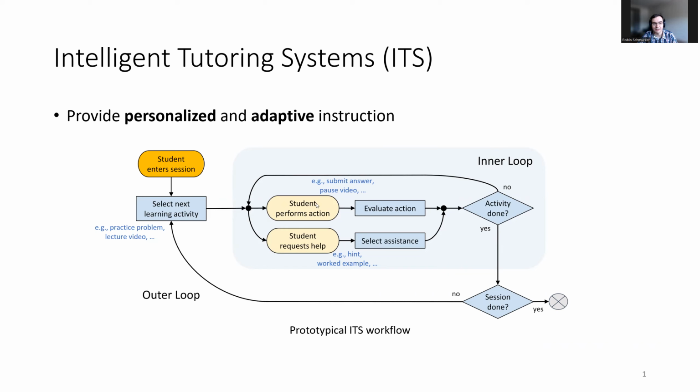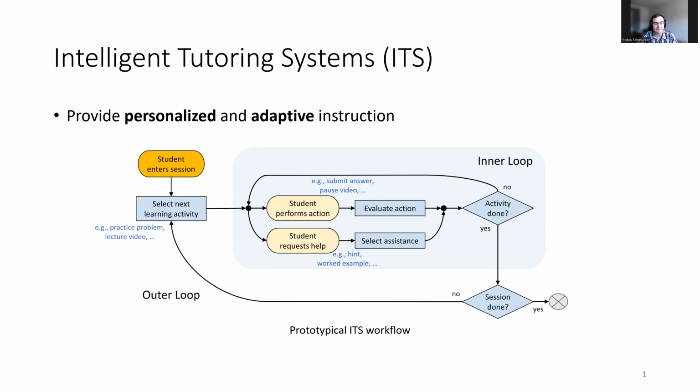In the inner loop, the system then guides the students through the activity and can offer help as necessary. It records, for example, which answers the student submits and how they interact with different videos and reading materials, and it can offer help in the form of hints, worked examples, or other ITS-specific techniques.